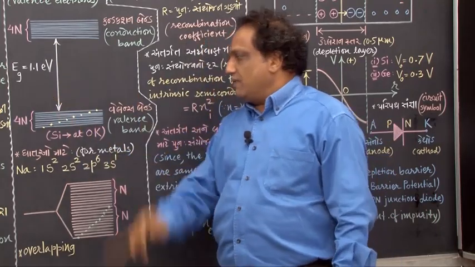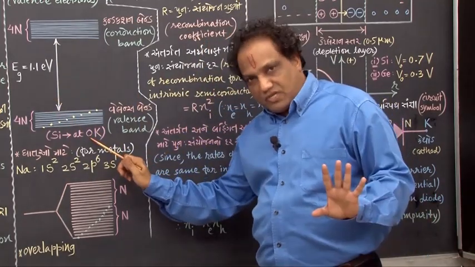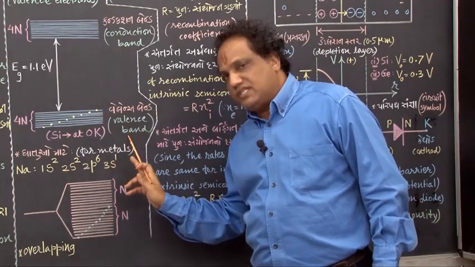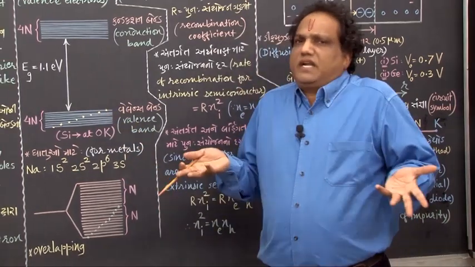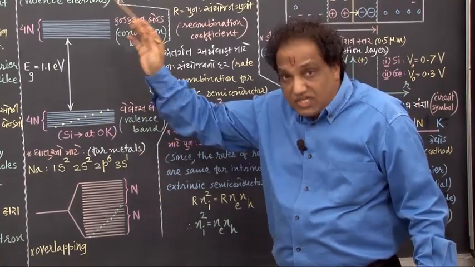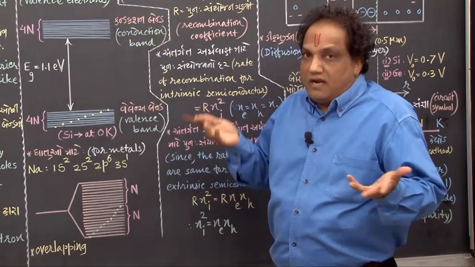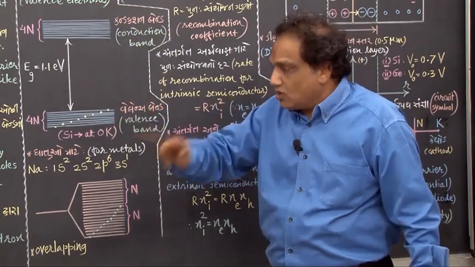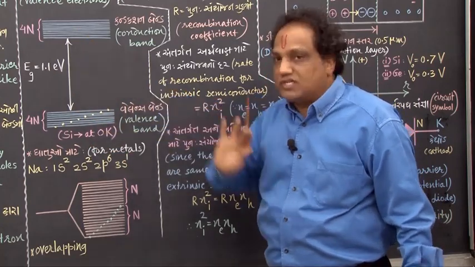Now tell me, at absolute zero temperature, all the valence electrons are present in the valence band. Because at absolute zero temperature they don't have any energy, they cannot make any transition on their own, and unless some energy is supplied which is more than this gap, no electron can go from valence band to conduction band.